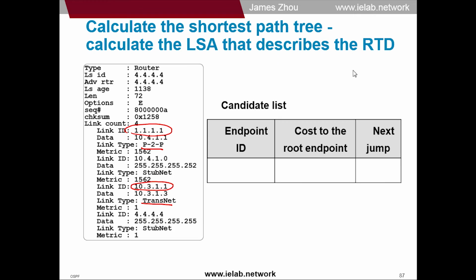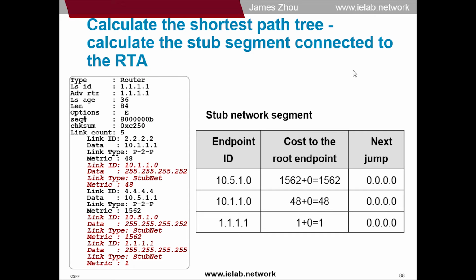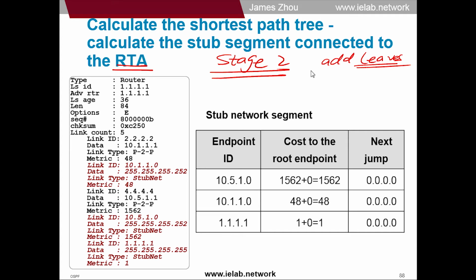So we check the RTA segments. Now is stage 2, adding leaves into the tree. First check RTA's stubs.